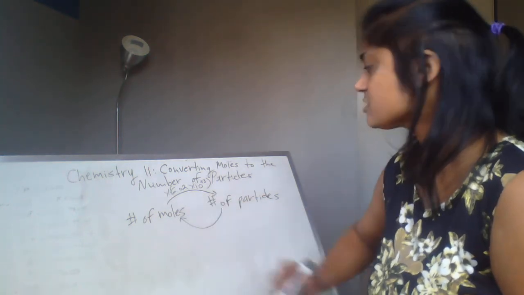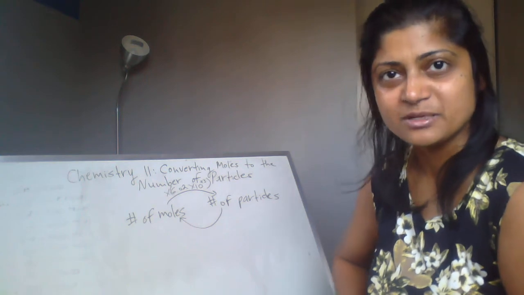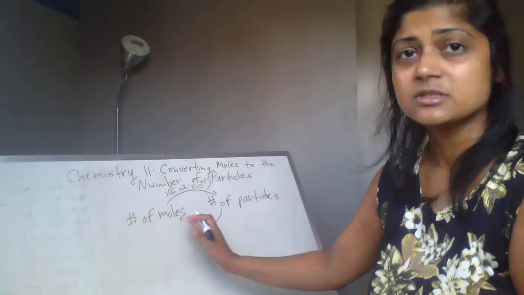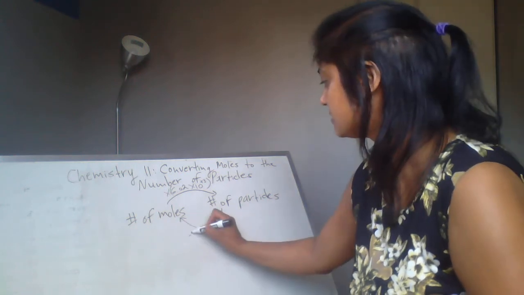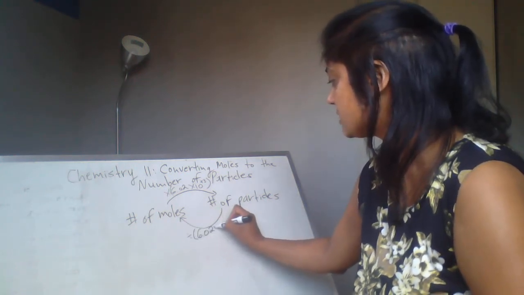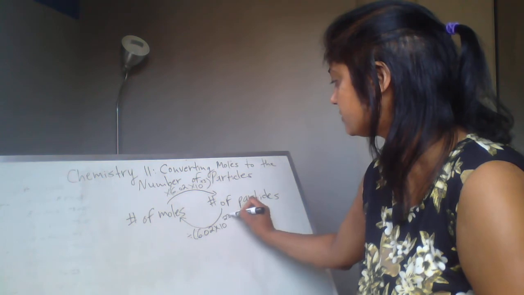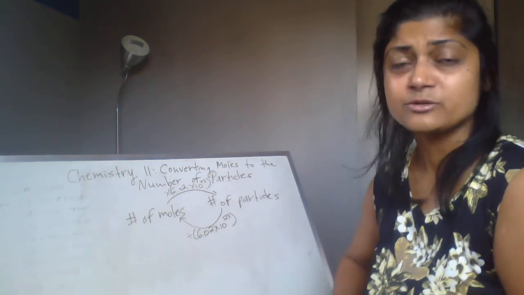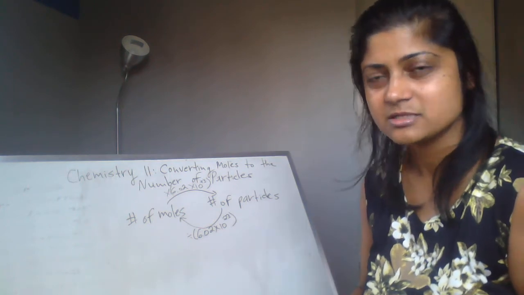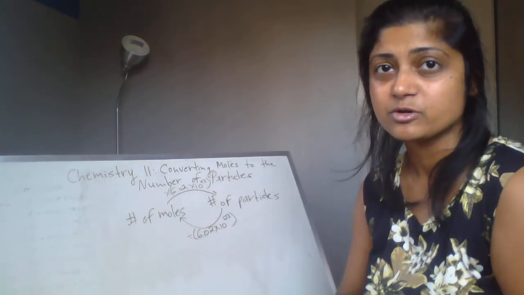In the reverse form, when I change from the number of particles back to the number of moles, I'm going to divide by Avogadro's constant. So I'm going to write the constant one more time over here. This is really what you need to remember. It's kind of like a chart. Make sure you don't reverse both of these.